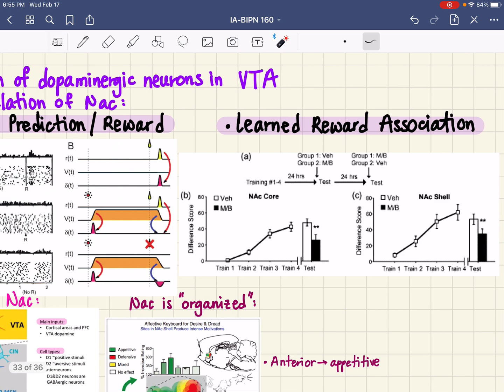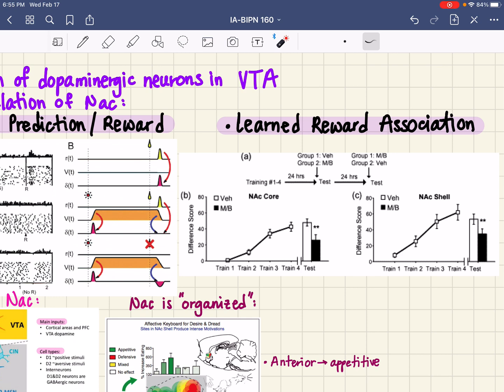The research study that showed how these neurons are involved in learned reward association was this study. In this study, I believe all that you need to understand is that they trained the model animal for a learned task. So they taught the animal to do something, right? To learn to do a task.